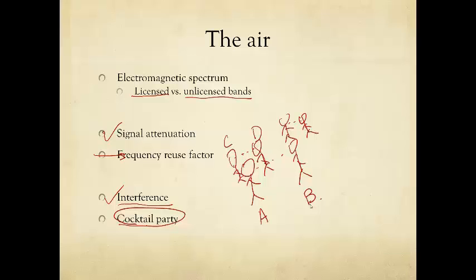Now the question is, how can you communicate in such a cocktail party? How can you mitigate and manage the challenge of interference? One strategy that we'll be focusing on in today's lecture is transmit power control, or in the case of the cocktail party, volume control.